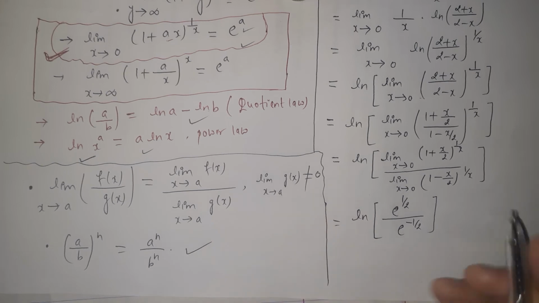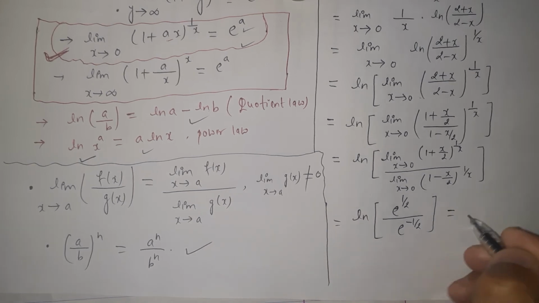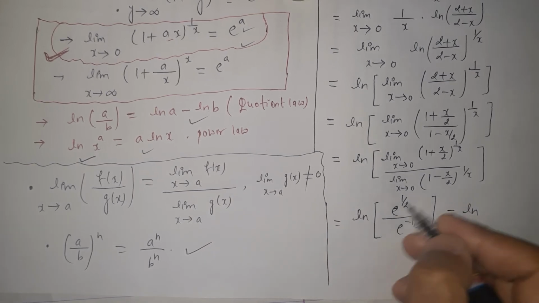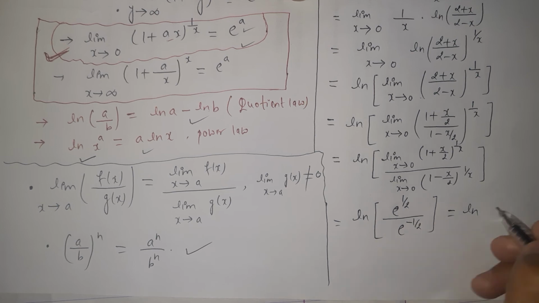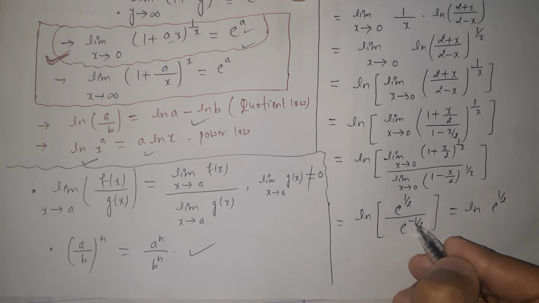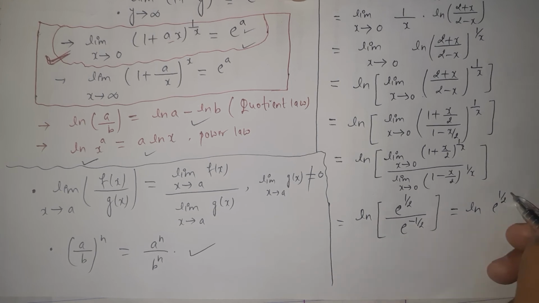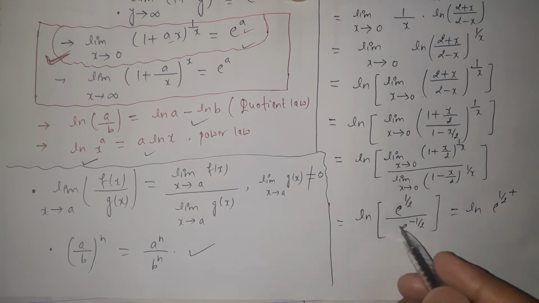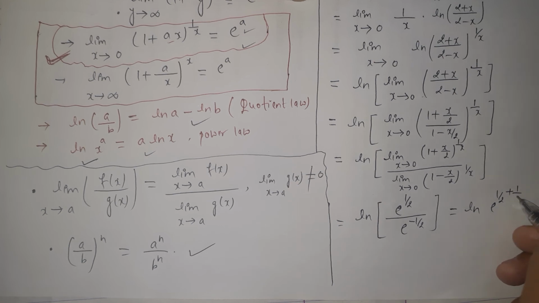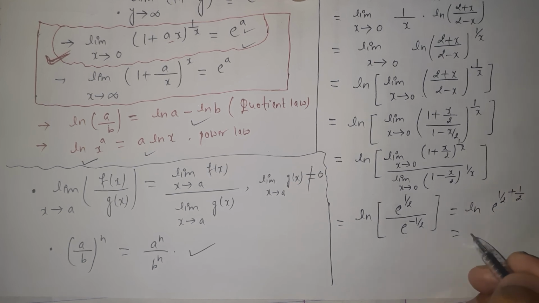Let's simplify this fraction, and this can be written as ln of e to the power 1 over 2, and the negative power goes to the numerator and becomes positive. Let's do the simplification.